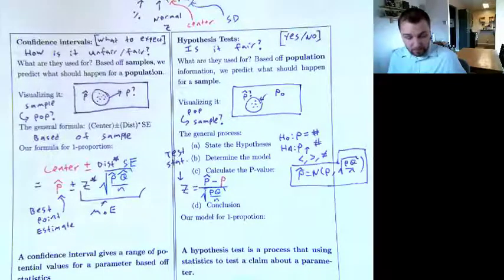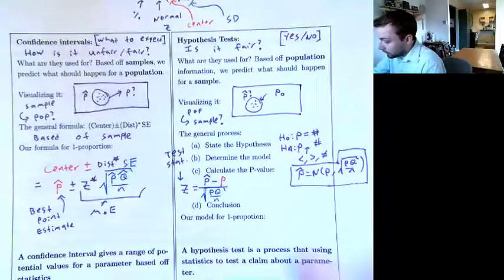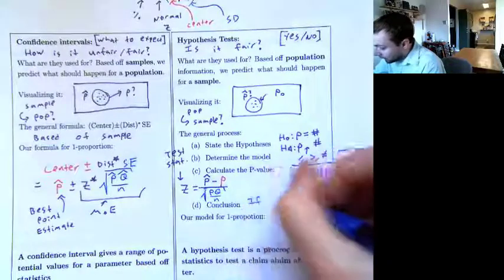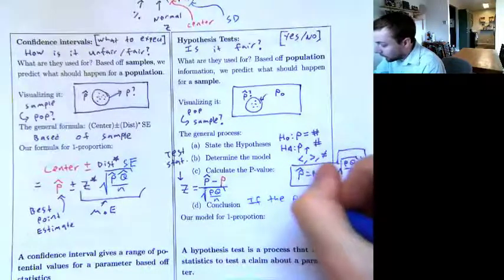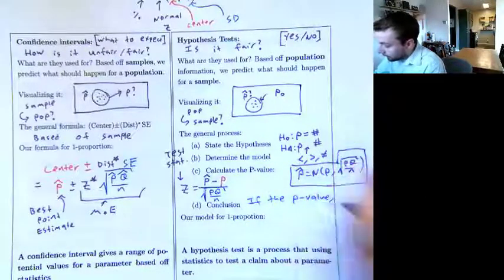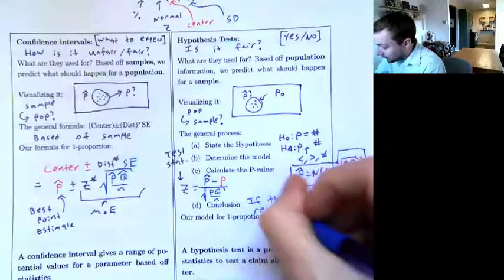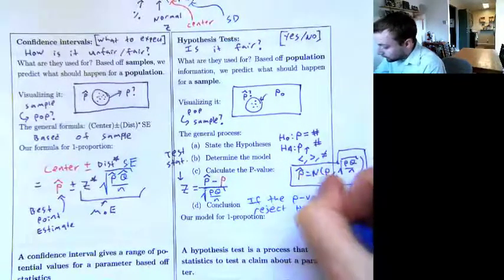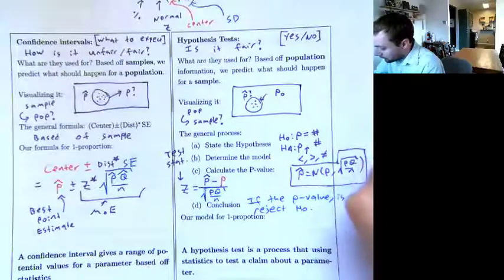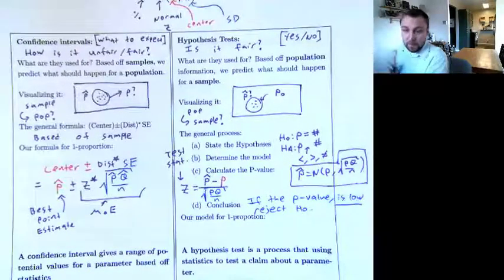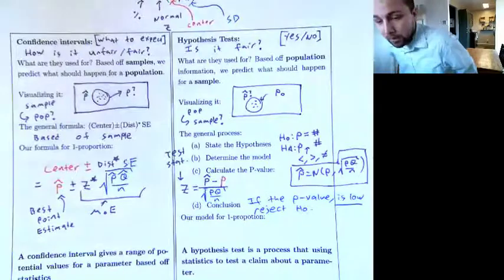And finally, I have my conclusion. Reminder on the conclusion, if the p-value is low, so if you have a p-value smaller than your alpha, you reject the null. So if the p-value is low, the null must go.